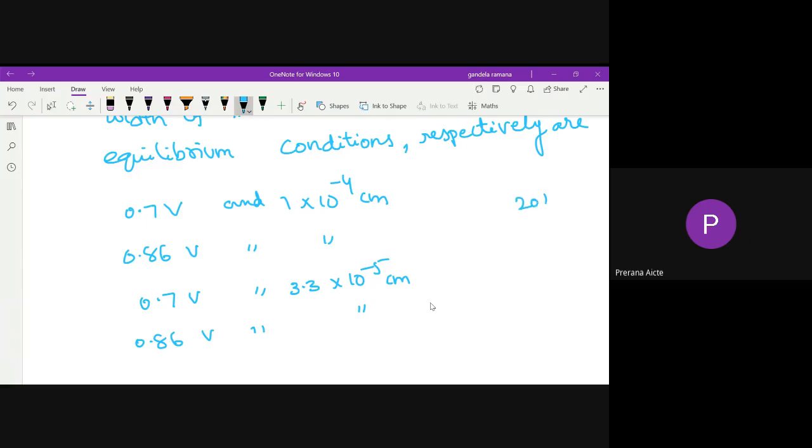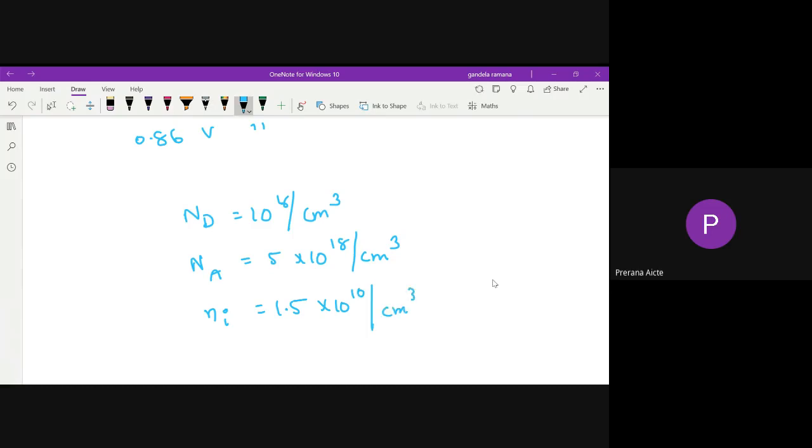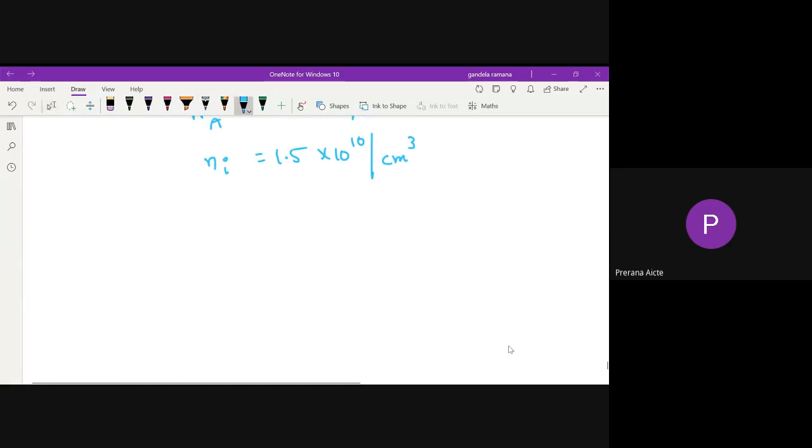So this question is a 2014 GATE question. Here they have given us donor ND equal to 10 power 16 per centimeter cube, acceptor Na equal to 5 into 10 power 18 per centimeter cube, intrinsic concentration Ni equal to 1.5 into 10 power 10 per centimeter cube. kT by Q, that is nothing but Vt, is equal to 26 millivolts.